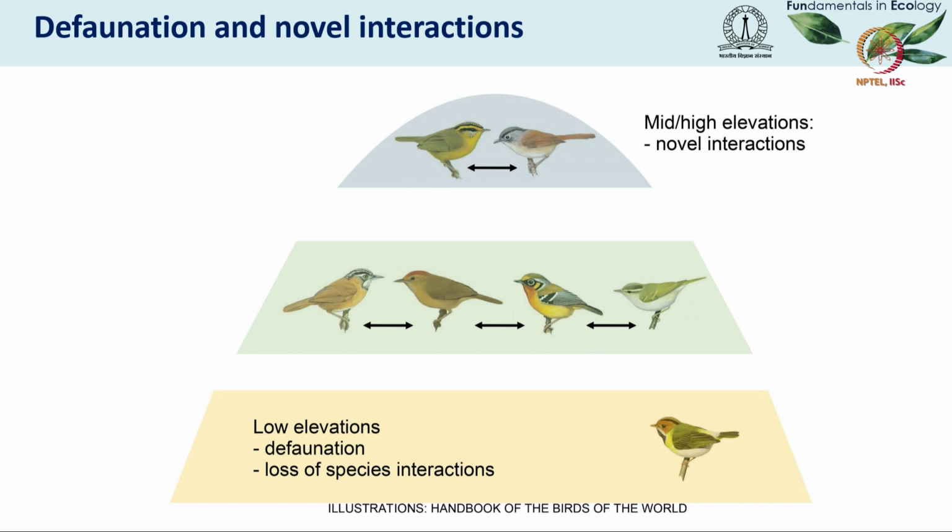There could have been interactions between two species that are lost because one species has moved to a higher elevation, and as that species moves upslope, that could give rise to new interactions, because two species that were found at different elevations and have never interacted in the past are now together at the same elevation. We still need to understand how interactions are going to be lost and how new interactions are going to develop.